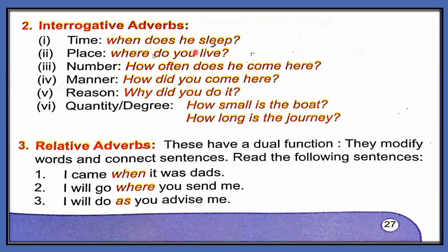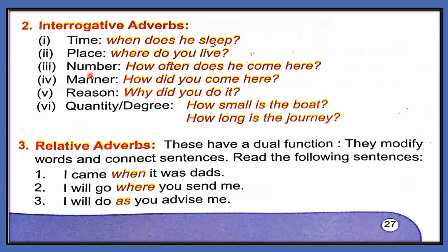So the word when is an adverb of time, but it is called an interrogative adverb. Number two is place of interrogative. Where do you live? I live in Taif. I live in Karachi. So we say where. The word where is an adverb of place and it comes in the kind of interrogative adverbs.